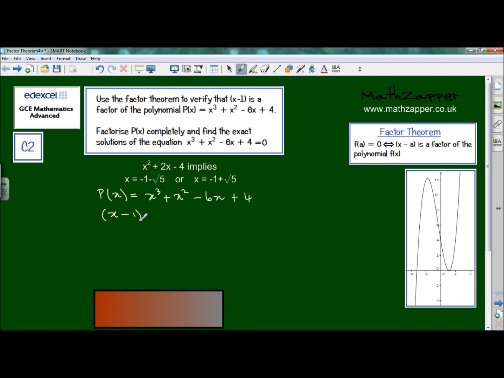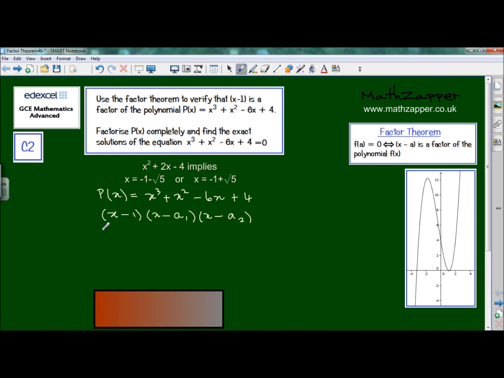But the other two factors we've also got with these values of x, or we can work them out. So that's going to give us x minus some value, which we'll call a1, multiplied by x minus some other value, which we'll call a2. Now, remembering the factor theorem, a function of a equals 0 if x minus a is a factor. So x minus a1 is a factor and x minus a2 is a factor.